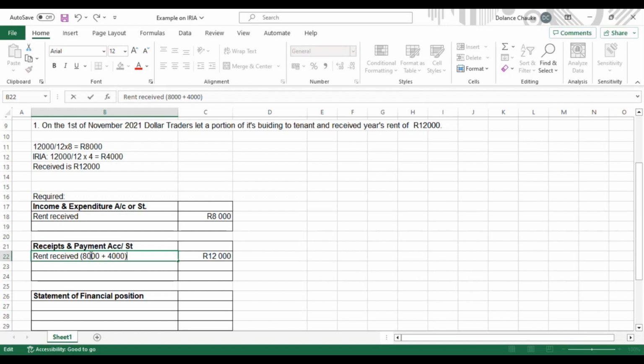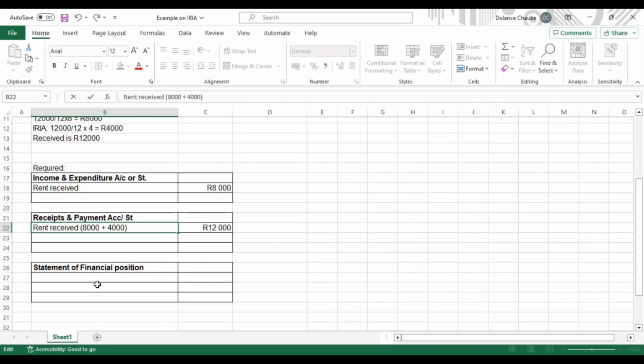So let's proceed to the statement of financial position. Under the statement of financial position, you are going to record income received in advance. Actually, this is going to go under current liabilities.